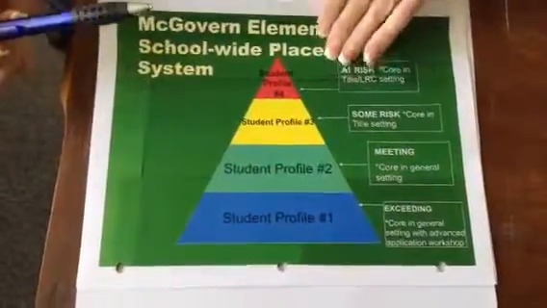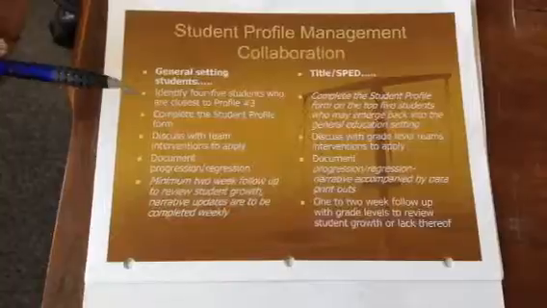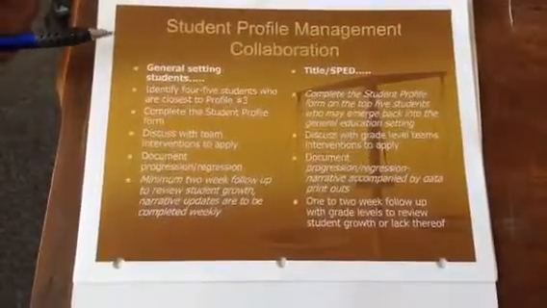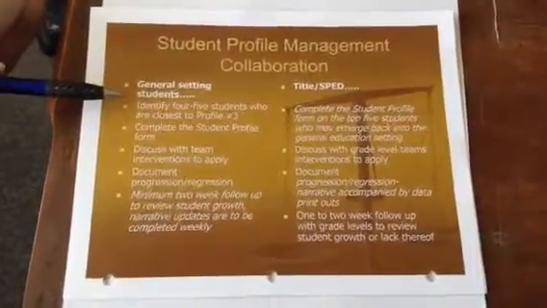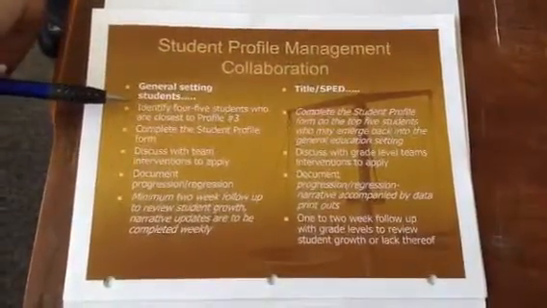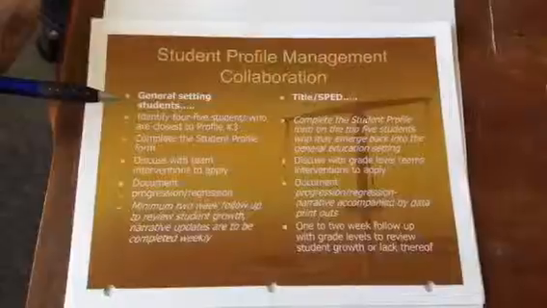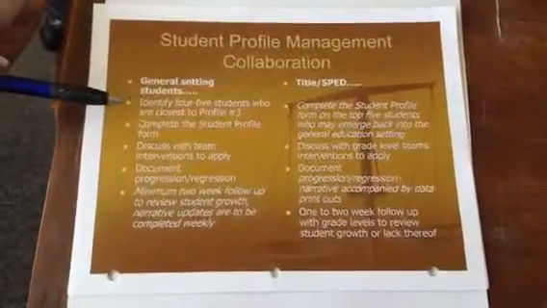With that information, we are able to then analyze the environment in which they're receiving their education. General setting students, teachers would identify 4 to 5 students who are closest to the profile number 3.